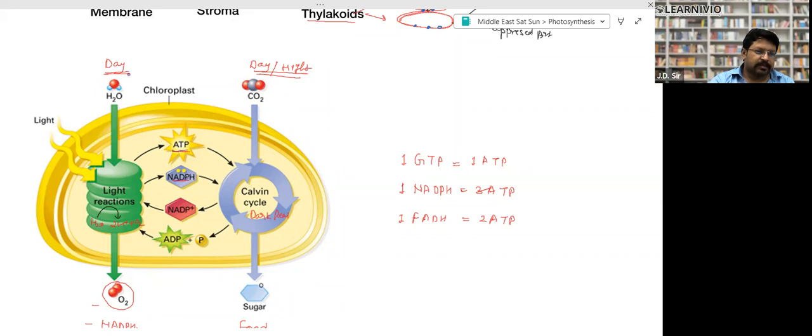The reaction which takes place at the daytime in the presence of light is called the light reaction. And another is called the dark reaction. The dark reaction takes place day and night, all the time.